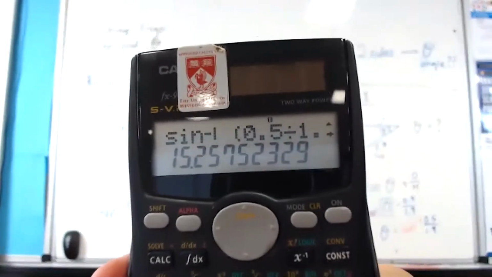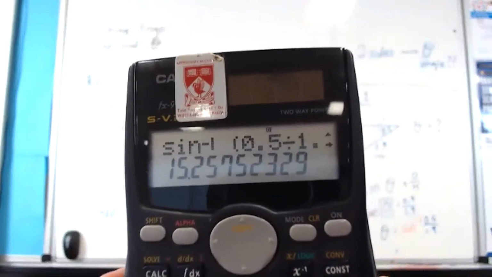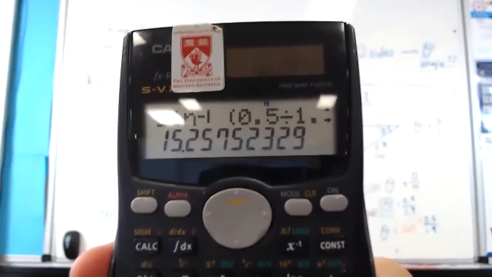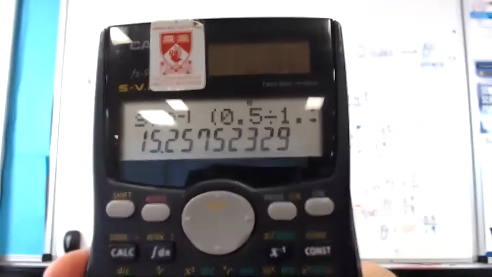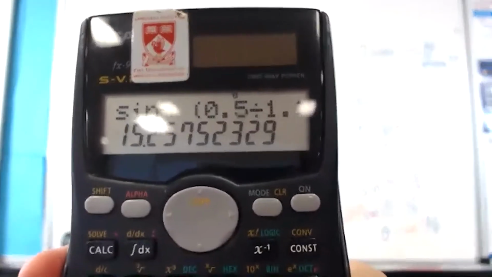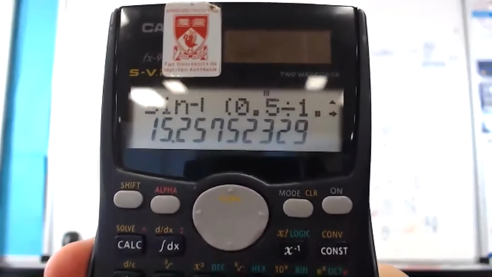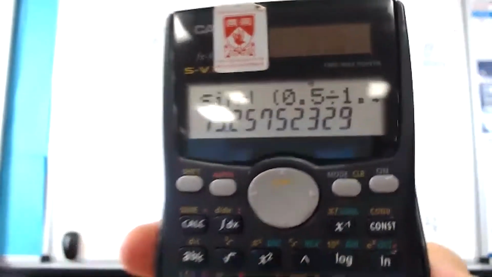So your theta is 15.25752329. So I'm going to round it to 2 decimal places. What would be the answer if I would like to round it to 2 decimal places? 15.26. Exactly. Very good.